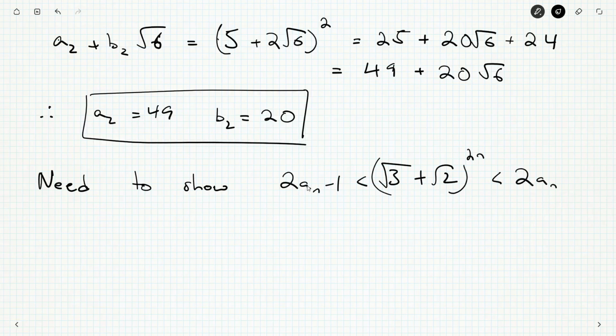So it would force this number here to have the exact same units digit as 2an minus 1. That would be what we're forced to have happen.